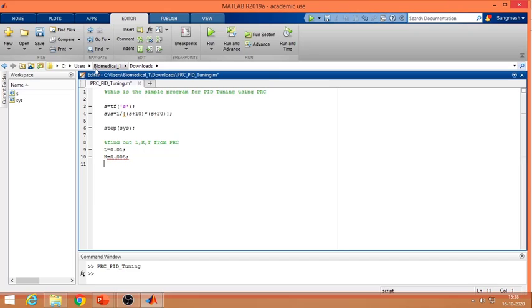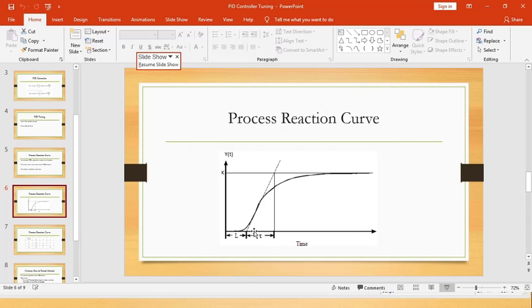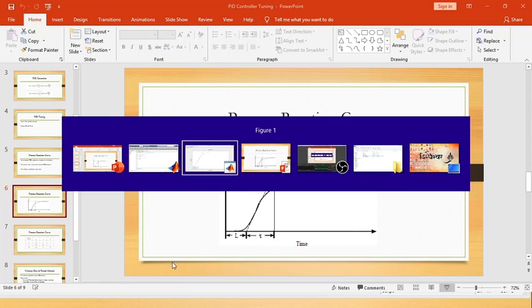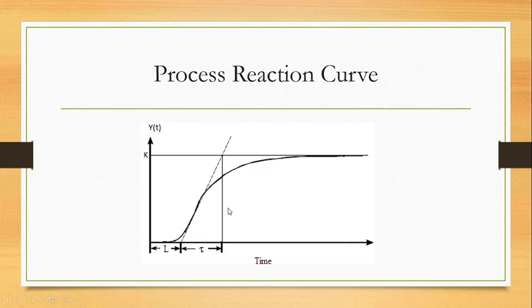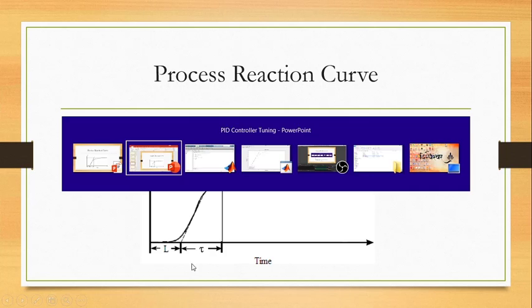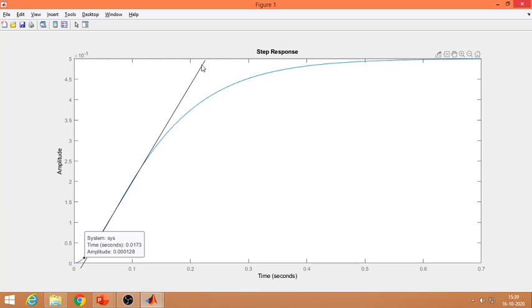Let's have the time constant tau. From the figure, tau is the difference between this time and this time. This time is nothing but the intersection of the tangent with the steady state value. Let's have the intersection of this tangent with this steady state value, somewhere here. Okay, so this point is our last limit of the time constant.